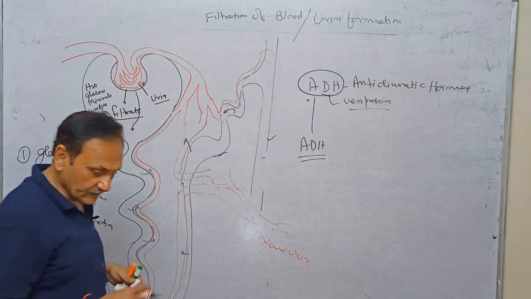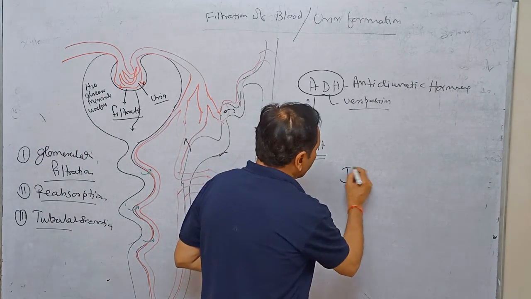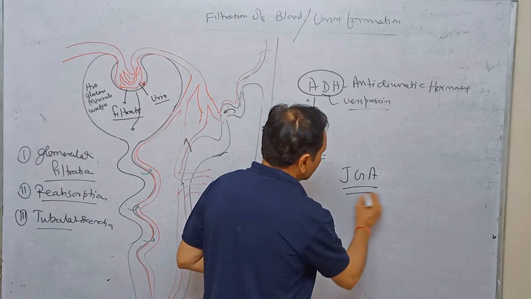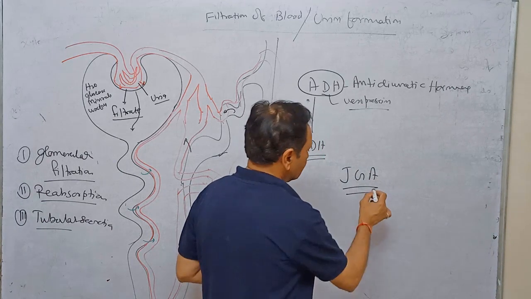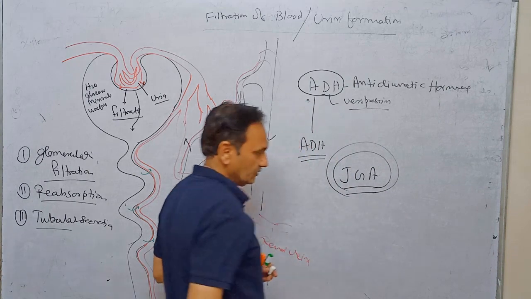The juxtaglomerular apparatus is also present, and it is responsible for detecting the concentration of the blood.